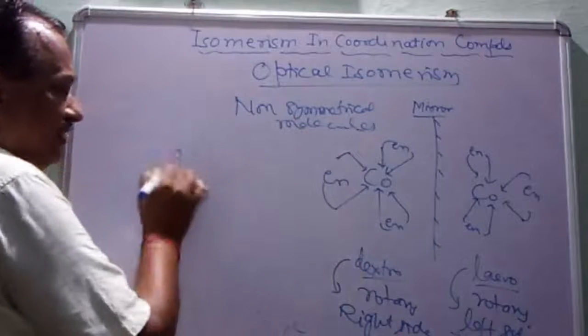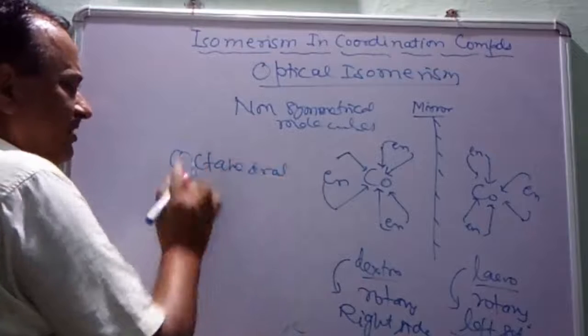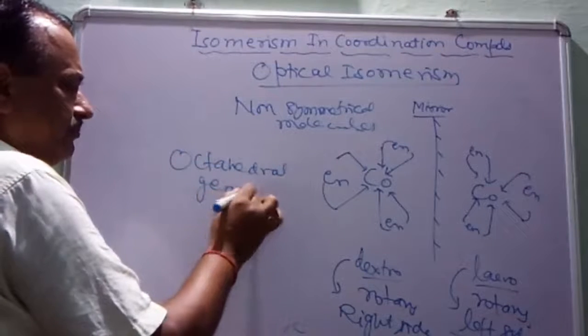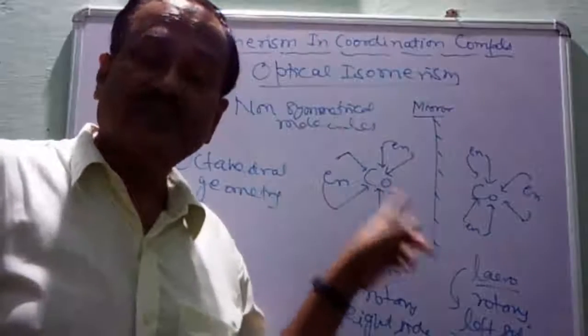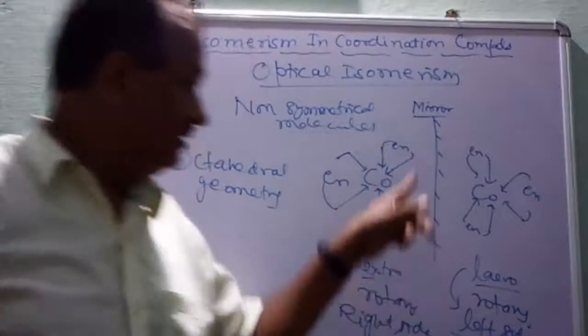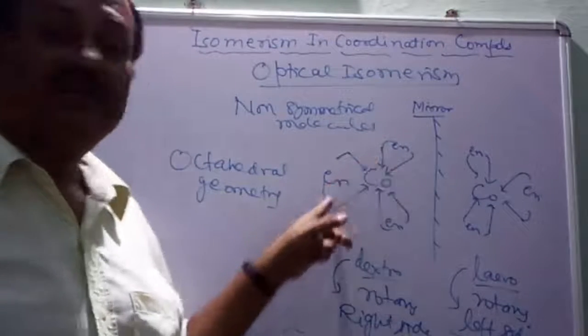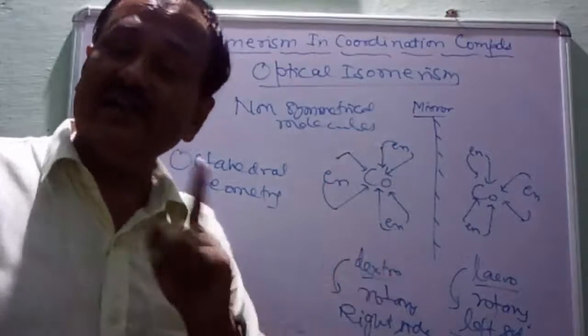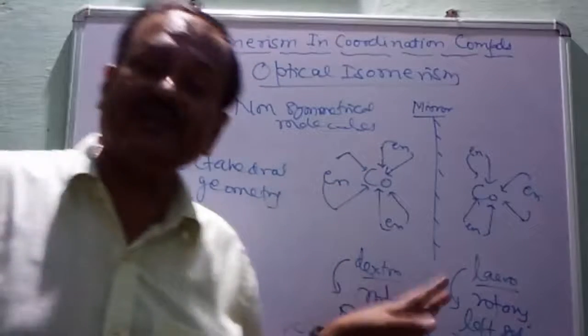Octahedral, you have to keep in mind, geometry is exhibited. So this is cobalt as the central metal atom. Here three ethylenediamine ligands are attached. Ethylenediamine is bidentate. So here it is forming an octahedral complex.